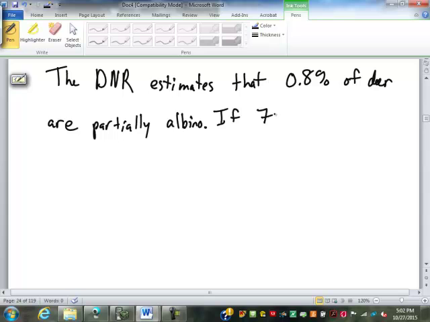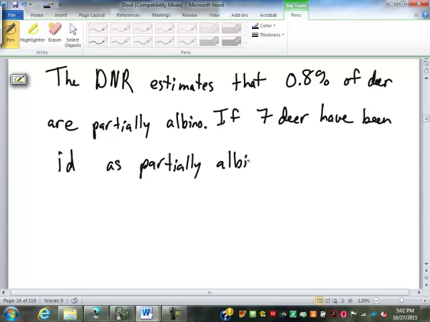If 7 deer have been identified as partially albino, how many total deer are in the area?